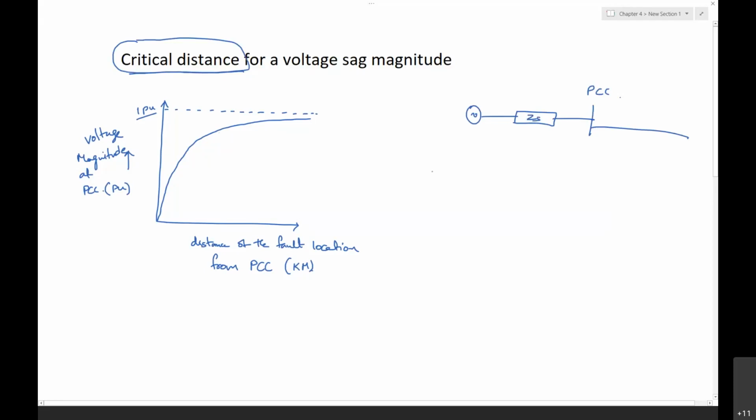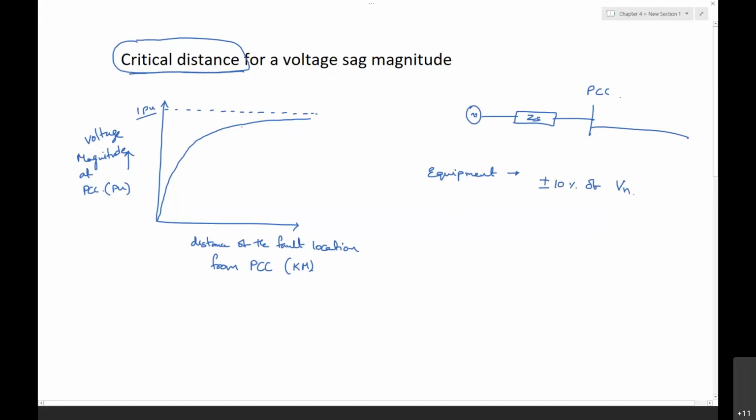Each individual equipment is having a certain threshold value of a voltage to perform satisfactorily. Generally, for any kind of equipment, they mention it as plus or minus 10% of the nominal voltage.